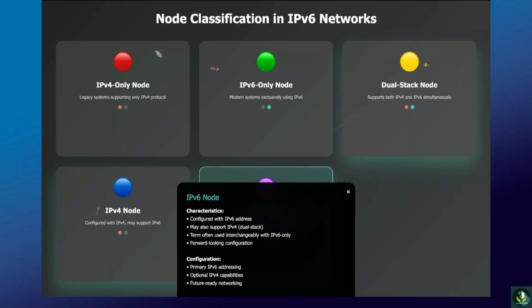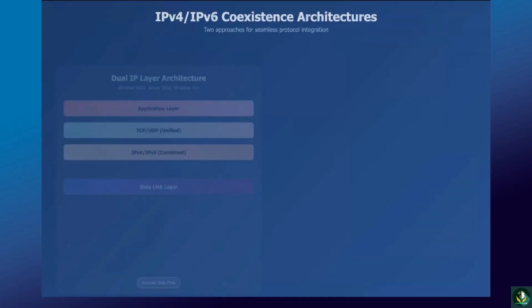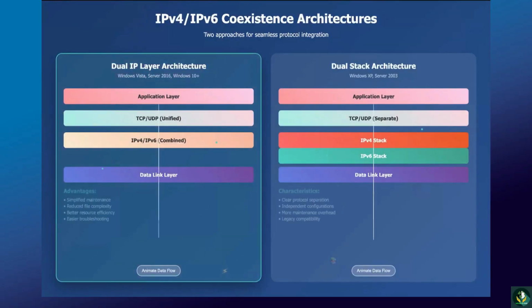This term is also often used interchangeably with IPv6-only nodes. Most organizations use dual stack nodes to ensure compatibility between IP version 4 and IP version 6 during the transition phase. Now some words about coexistence between IPv4 and IPv6.